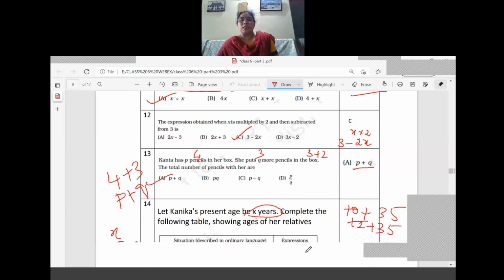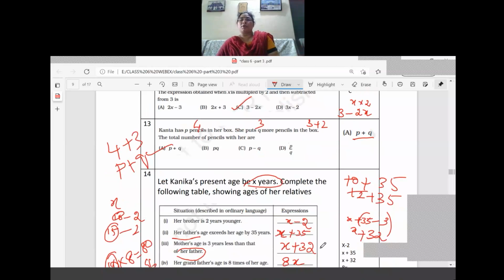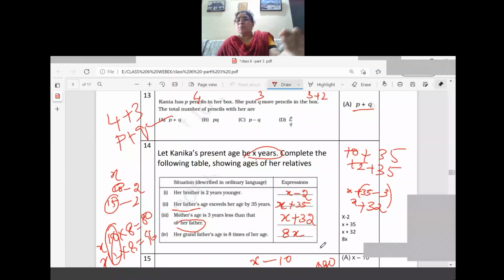Now what is the next question? Kanika's age is X years. Complete the following table showing the age of her relatives. Some relations they had given with Kanika's age. You already know that when your age is known, then your brother's age, your mother's age, your father's age, all you can calculate if you know the difference between them.